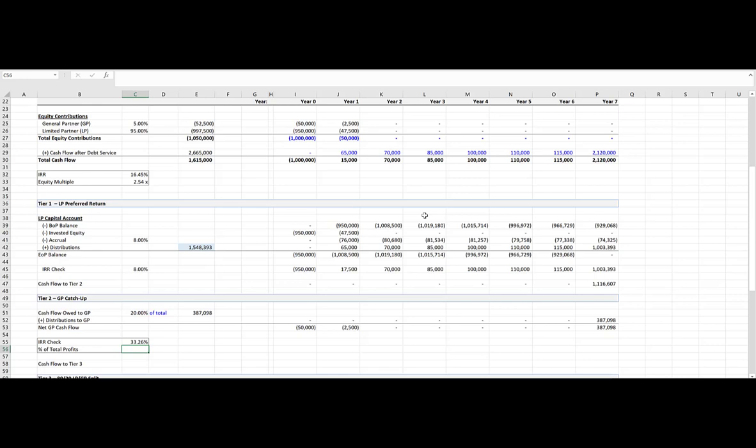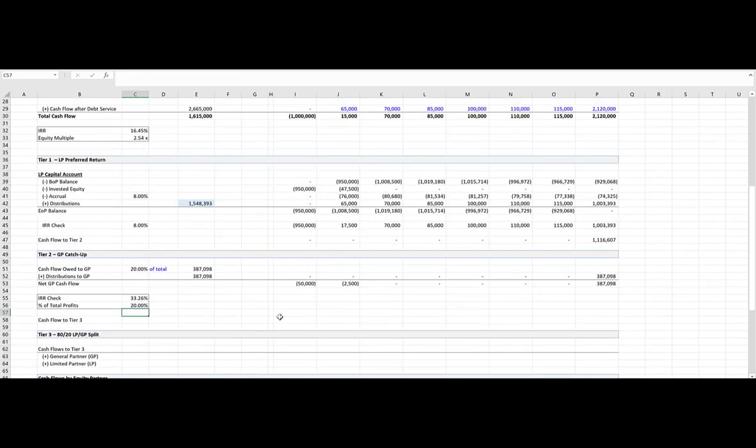But actually we could do it this way. Why don't we sum this up over here? What's actually distributed divided by what should be distributed plus what was distributed in Tier 1. And that's 20%.